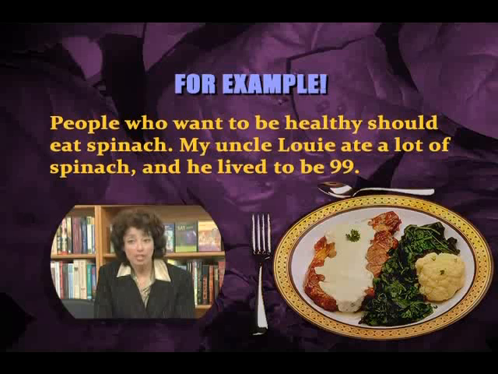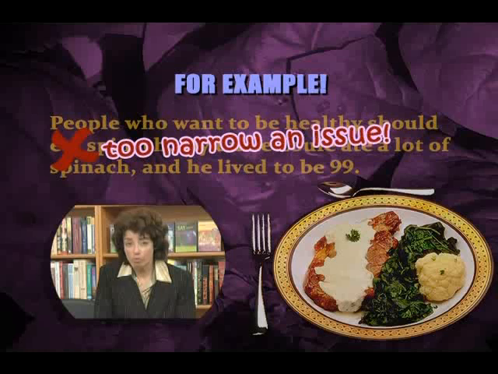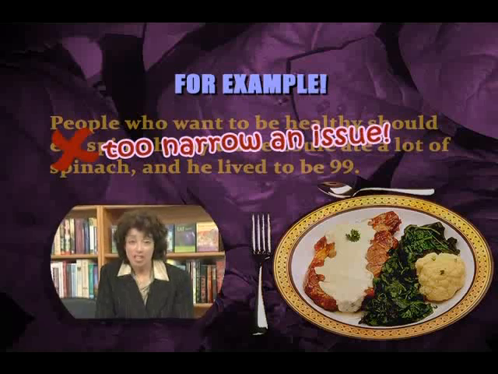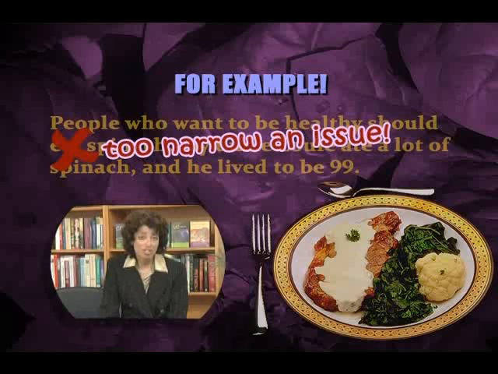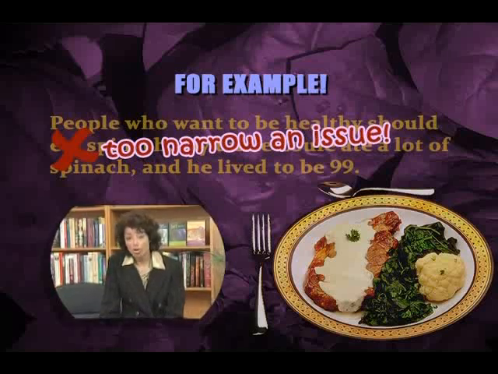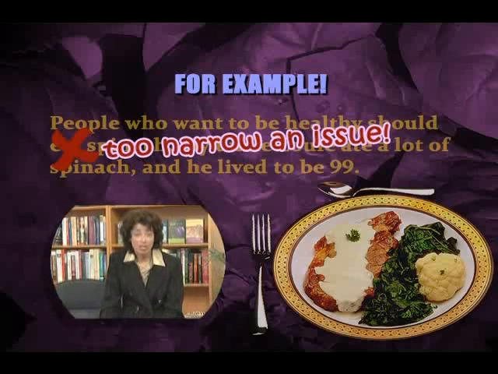My Uncle Louis ate a lot of spinach and he lived to be 99. Well, perhaps you should eat spinach, it probably won't hurt you, but that's too narrow an issue. Uncle Louis lived to be 99 probably because he had good genes, he exercised, he stayed out of the way of moving vehicles, and he didn't smoke. But by presenting only spinach, you're grossly oversimplifying that issue.